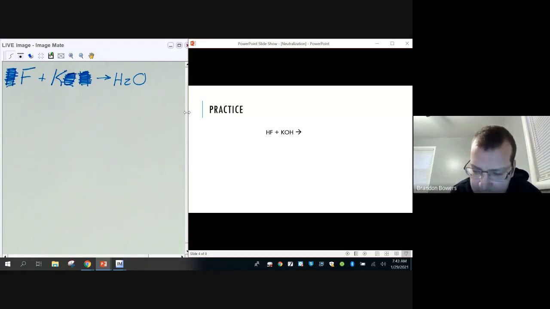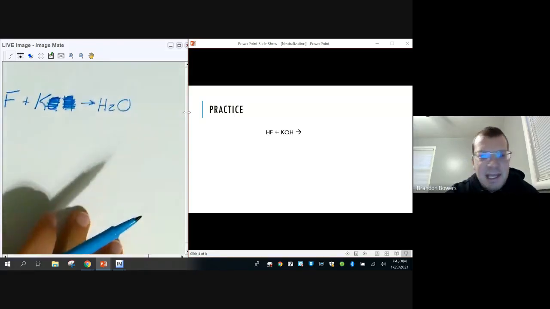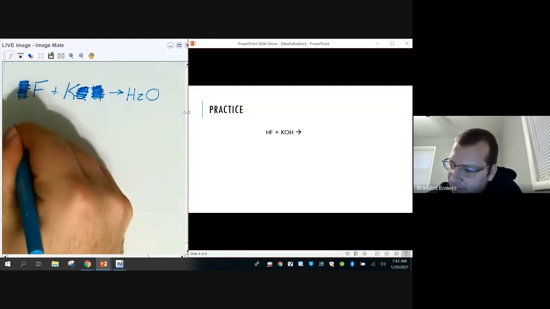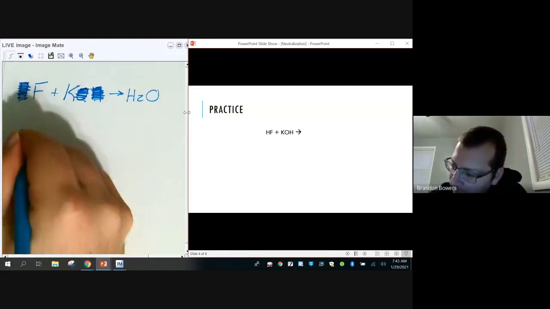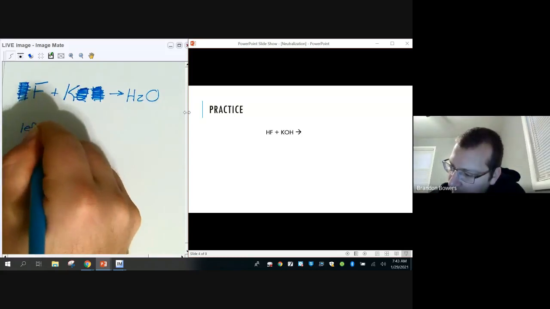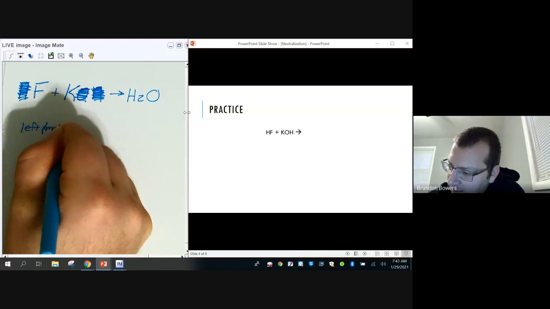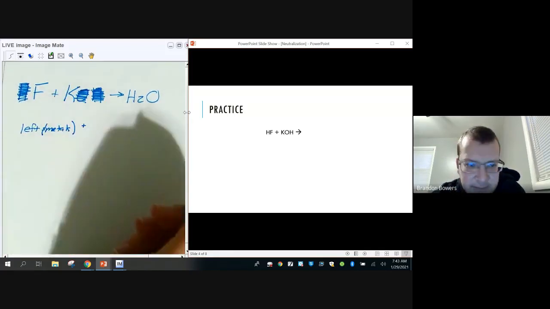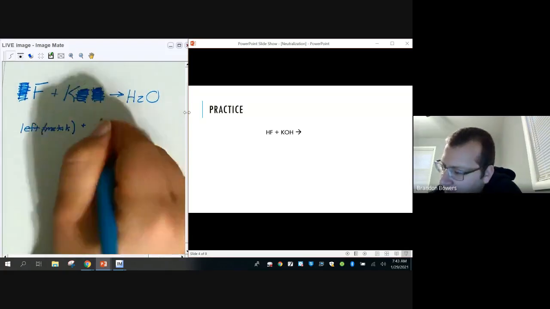Any element on the left-hand side of the periodic table, which are metals, are positive, and they will go first.